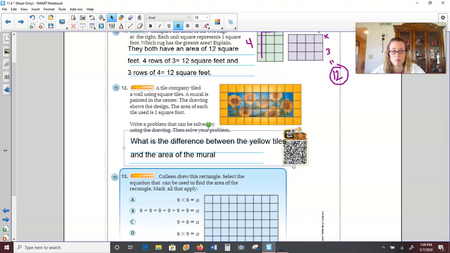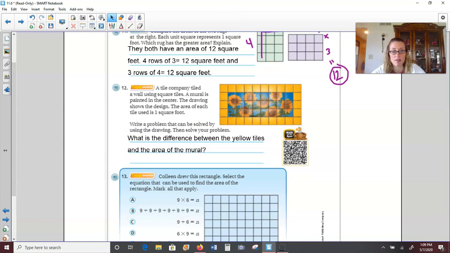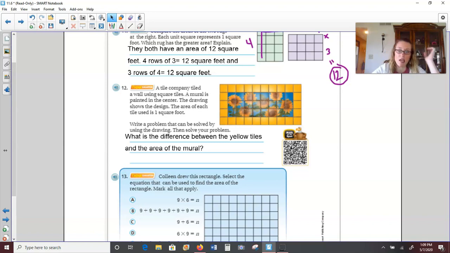Let's be a little more specific. Don't want any confusion. All right, take a moment to write down that question. I think that's a pretty good question. That's definitely a go deeper question we could have seen in our book, but instead we created it ourselves. So we want to find the difference between the area of the yellow tiles and the area of the mural. That means we now need to do that and solve this problem.